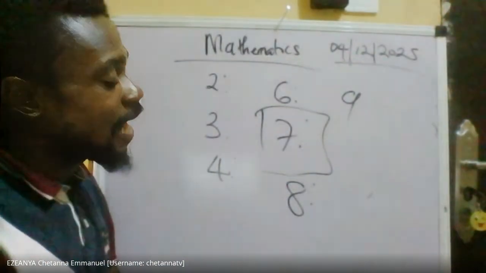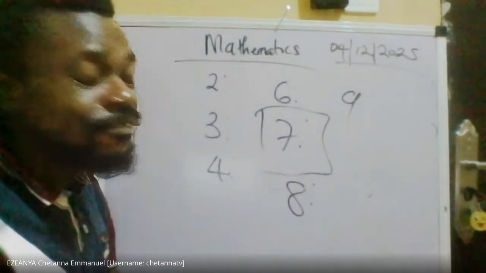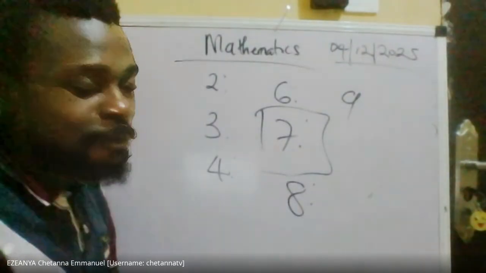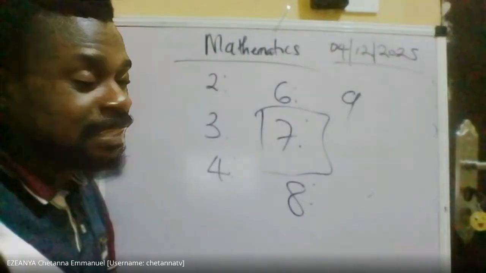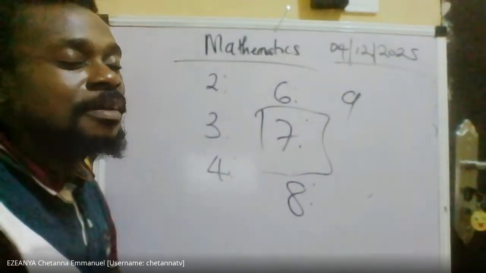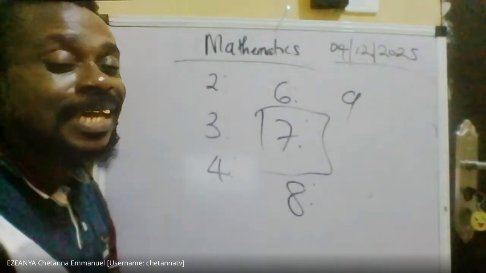Whatever answer it gives you, if it is divisible by 9, that number is definitely divisible by 9.